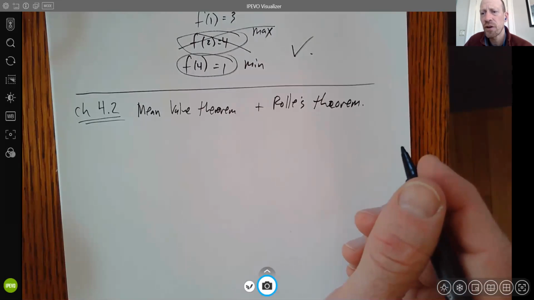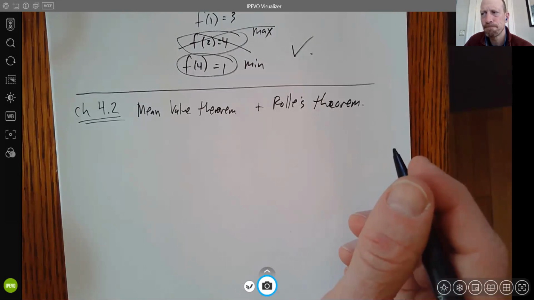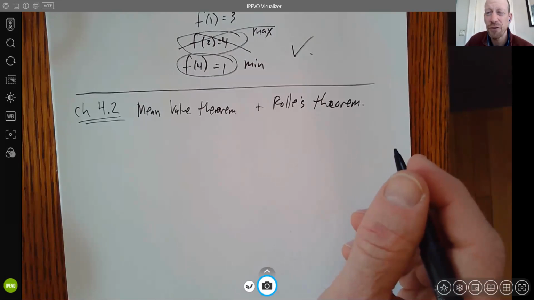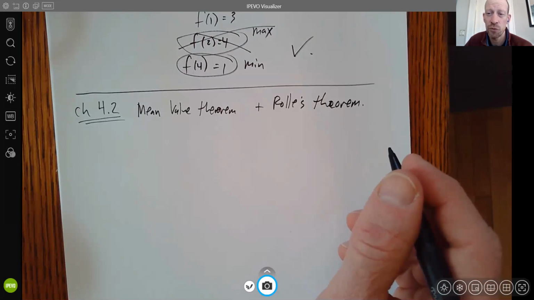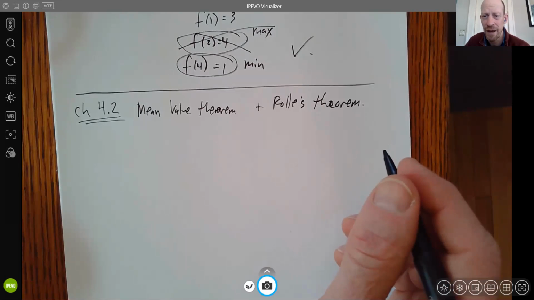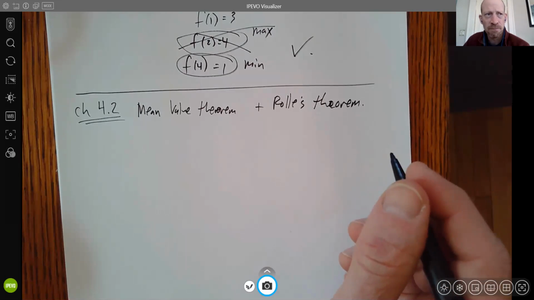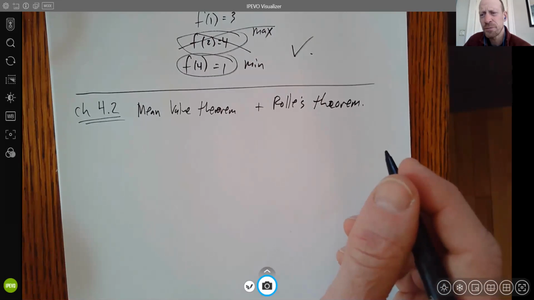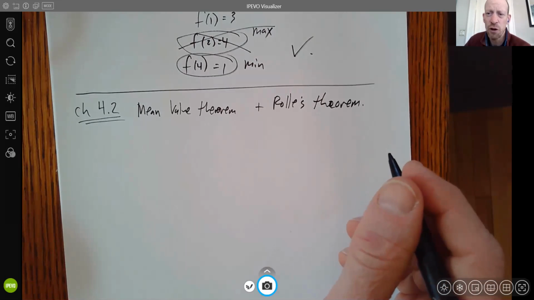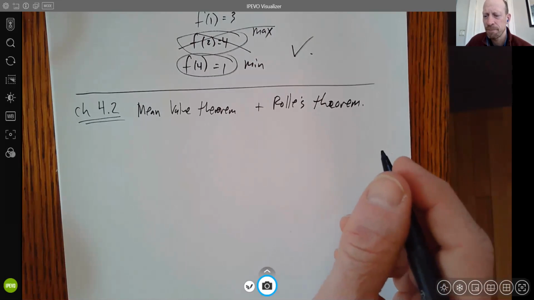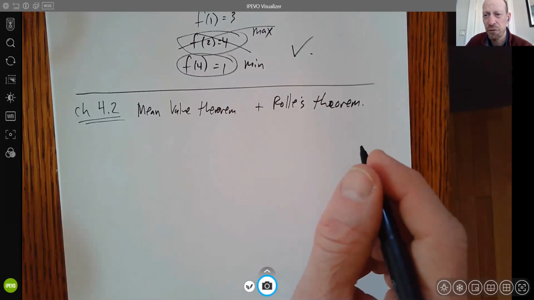They provide some of the foundations for what we will do later on in chapter 5. We don't use these theorems directly to help us with things we're doing, but they are useful down the road.